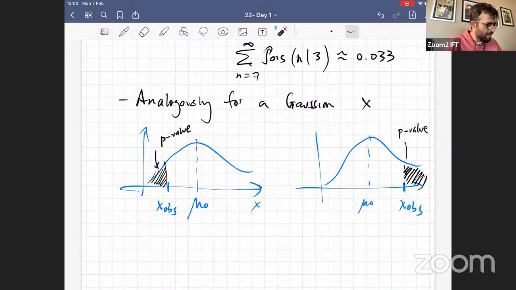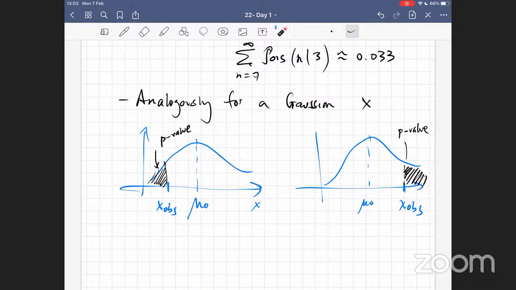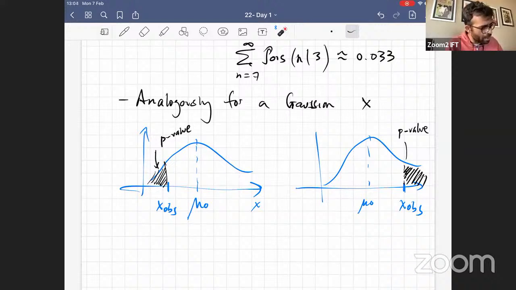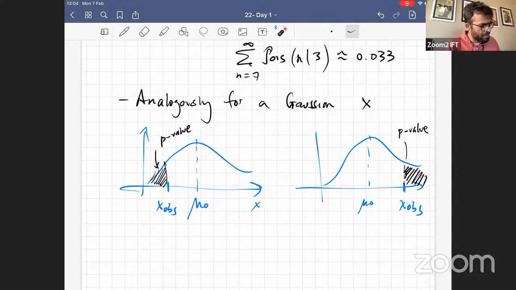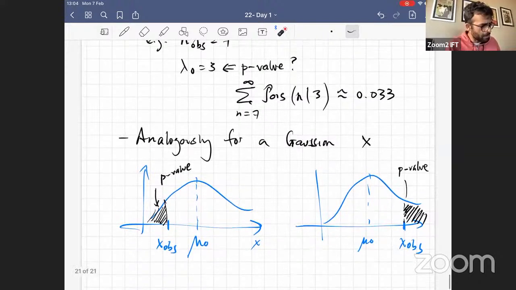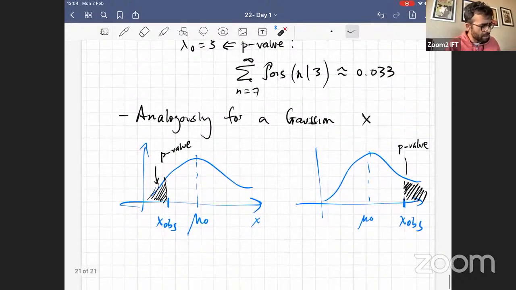I understand that you're asking why, in the computation of the p-value here, I don't consider something like this region. I understand that this region is also going away from mu0, but where is the observation? The observation is not on the right part; the observation is at the left of mu0.